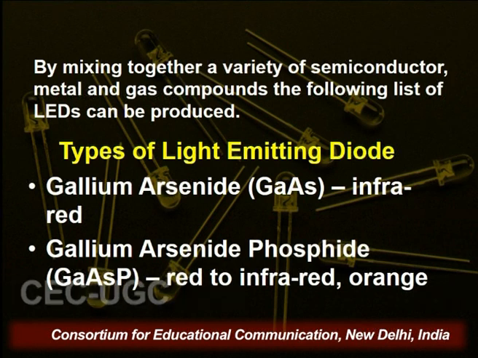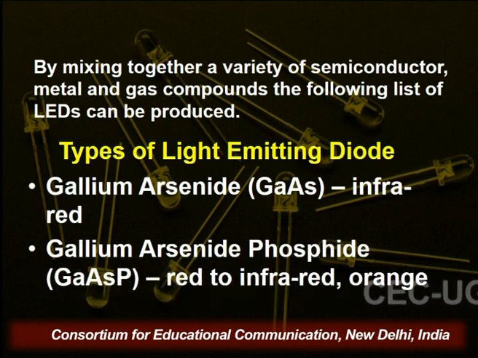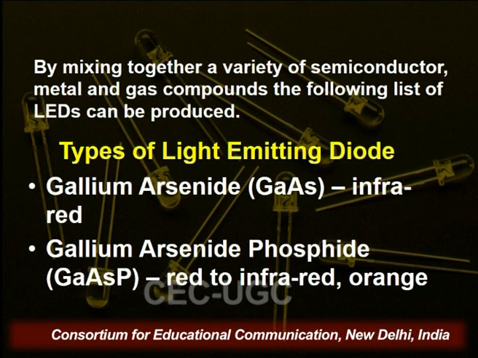So how can we define the color? By mixing together a variety of semiconductor metals, we can get different colored LEDs. The types of light emitting diodes are gallium arsenide, GaAs, and gallium arsenide phosphide, GaAsP.